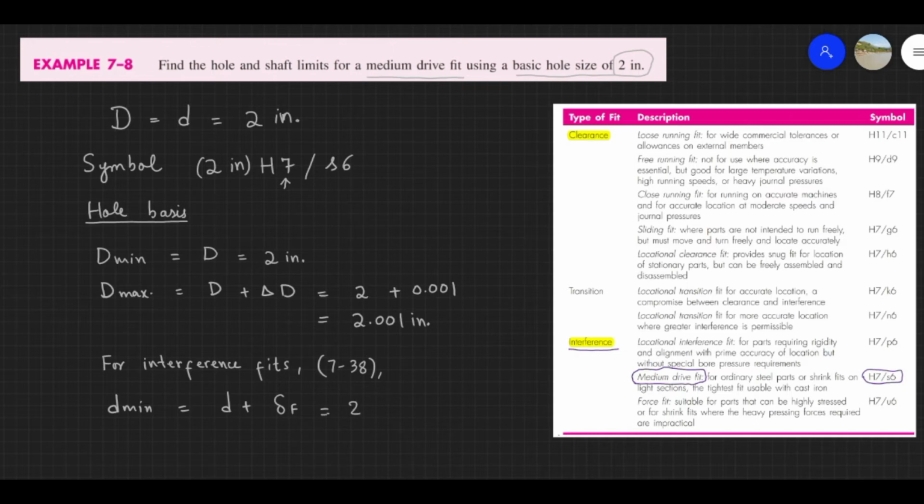So D, the basic size, is 2 inches, and for the fundamental deviation we again have to go to the table. So before we go to the table, note that for the fundamental deviation, the letter which is going to be useful is S. So we have to look for a value in this column.